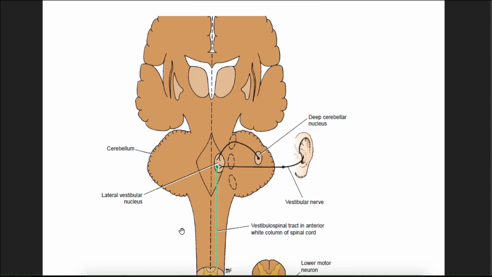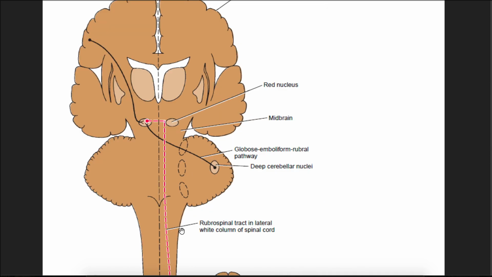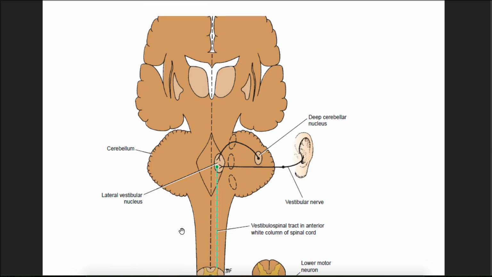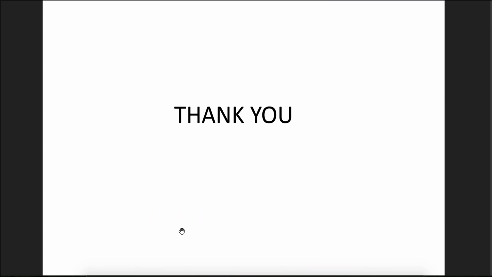Now, I have gone over almost all the important aspects of the spinal cord, the neurons of the spinal cord, and the tracts, the ascending and the descending tracts. I will upload this lecture on YouTube so that those of you who missed yesterday's lecture on Zoom, you can have the whole slides together.